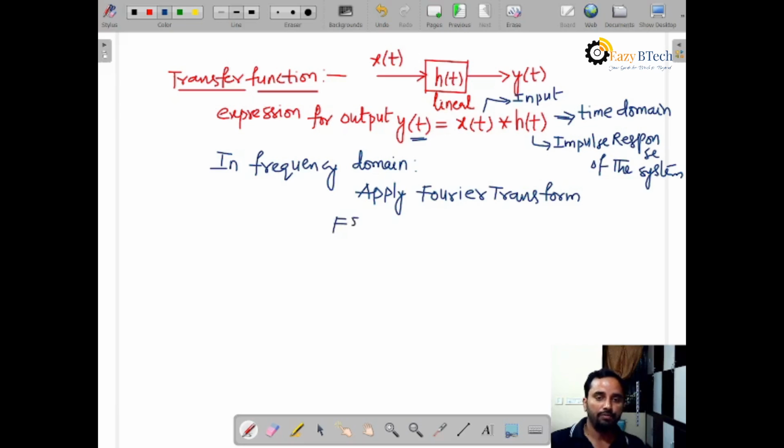Then Fourier transform of y of t is equal to Fourier transform of x of t convolution h of t.